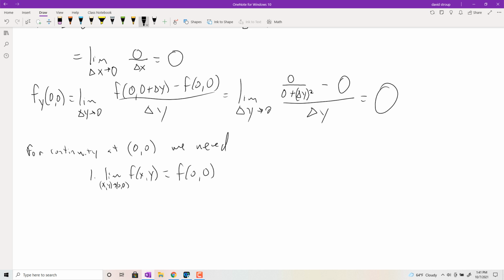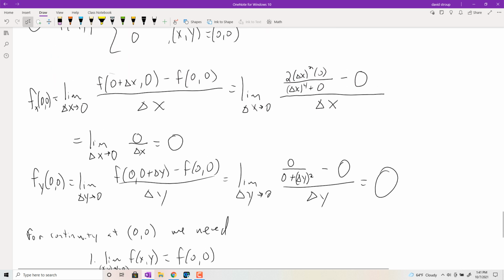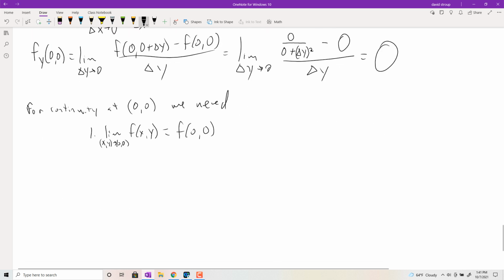That statement says all 3 things. We need the limit to exist, we need the function to be defined at (0, 0), and we need the limit to equal the function at that point.